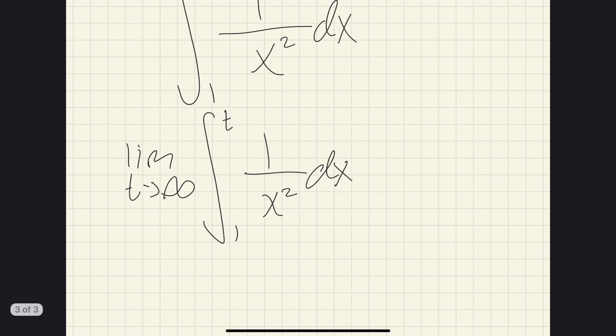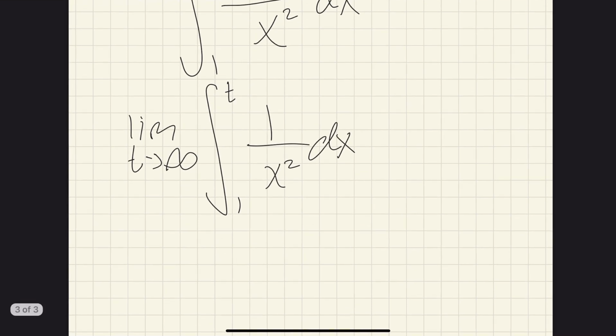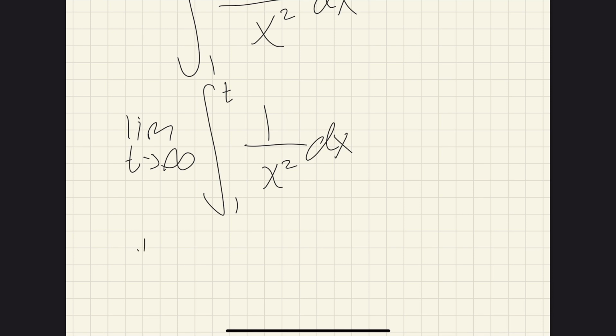And now you're just going to solve the integral as normal. So if I were to do that, we're going to carry around this limit, but it's not really going to matter. I guess I'll rewrite the integral at first to make it a little more obvious what I'm doing.